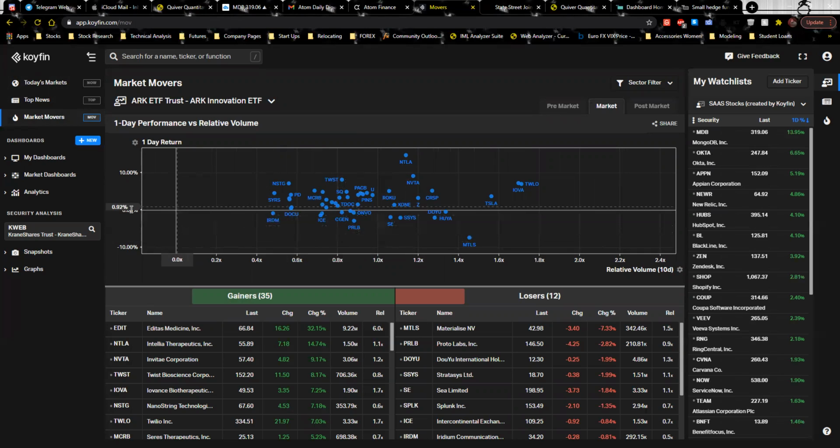If I'm on this side, then I'm getting a certain percentage of my volume, and if I'm on this side, then we know there's more volume in the mix. On the same token, if I'm above this line, today the return is positive. If I'm below this line, the return today is negative. So it's a really good visualization.